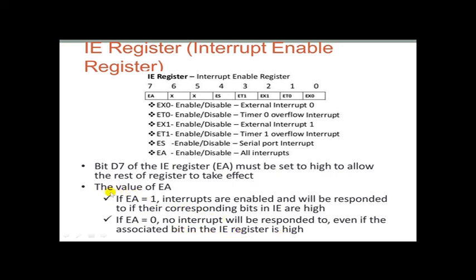Again, I will repeat: if EA, that is all interrupts, is 1, the interrupts are enabled. If it is 0, no interrupt is responded to, which means they are disabled.